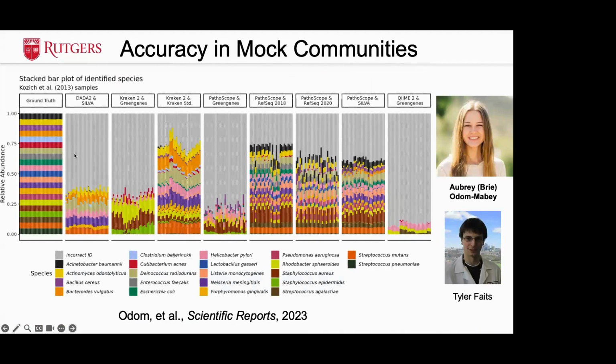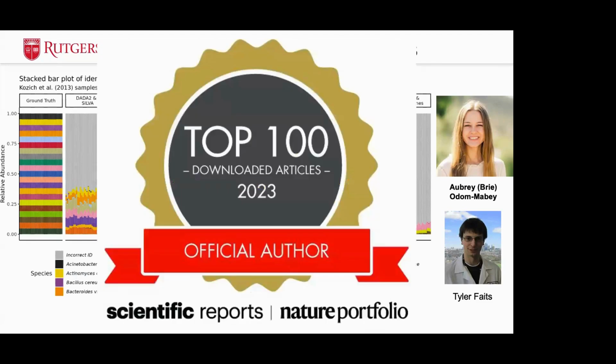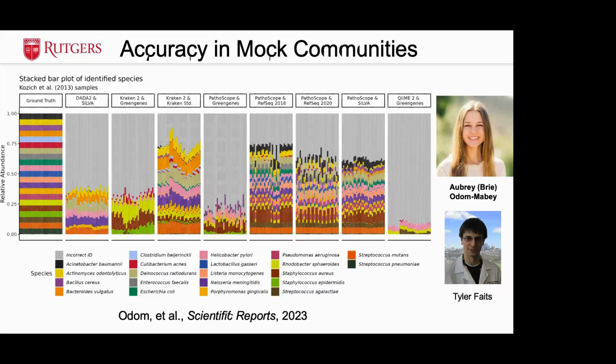Now, when you move to the genus level or the family level, it turns out that these plots start to look really, really good. And so existing methods do a great job at higher level taxonomies, but clear down to the species level, that doesn't work very well. Okay. All right. So we published this paper, and this was a very, very influential paper last year, just kind of pointing out the fact that, hey, we're not doing a very good job.